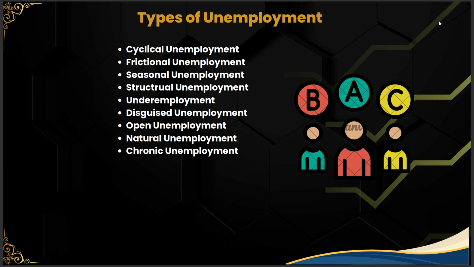This happens because of the rapid growth of population and inadequate level of economic development, which results in a vicious circle of poverty, and these are all things which we have to deal with. Chronic unemployment must be dealt with.